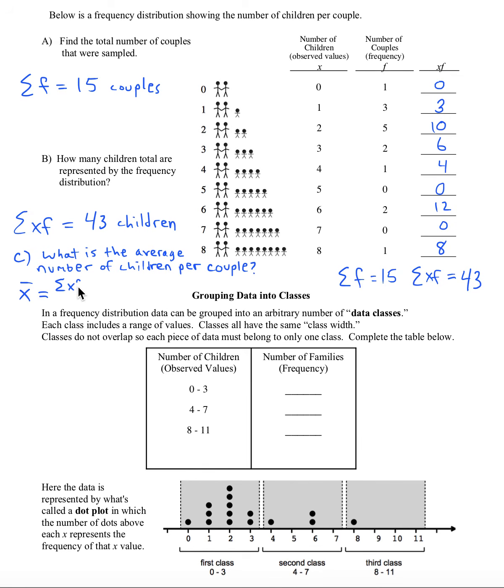The sum of xf over the sum of f. That's going to be 43 over 15, which is 2.87. Which would round to 3.